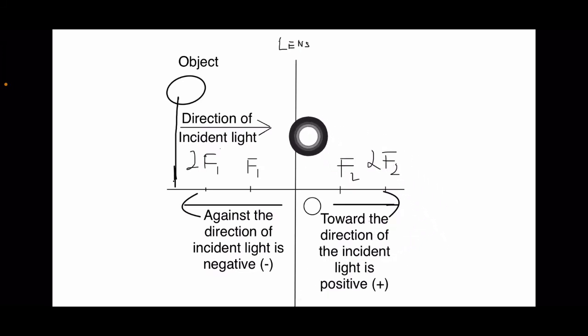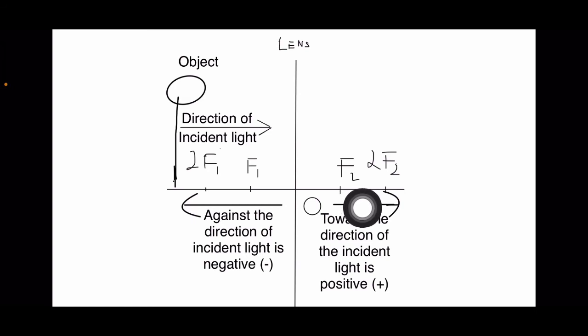In the case of a convex lens, if you imagine that this lens is a convex lens, the principal focus is towards the right side. Hence, the focal length is measured from O to the second principal focus.